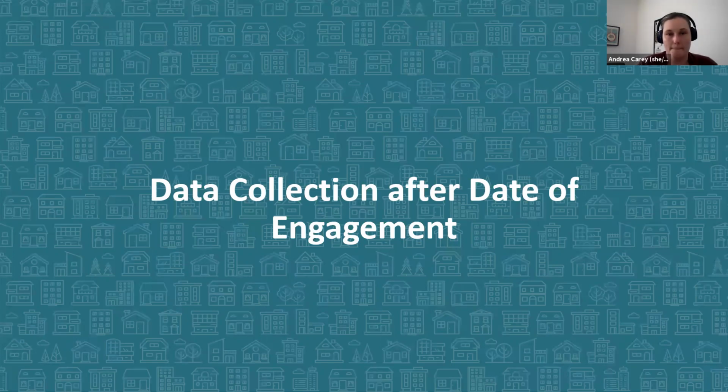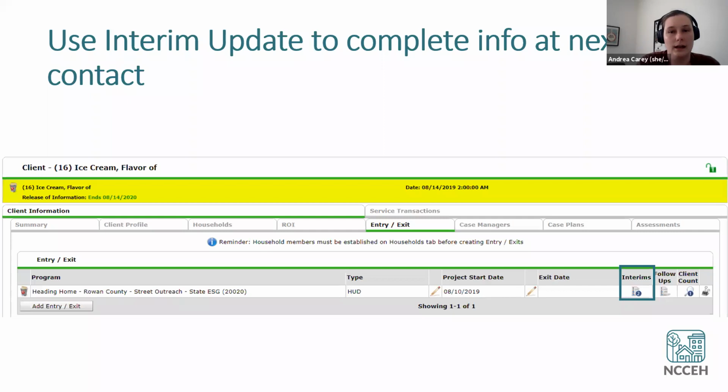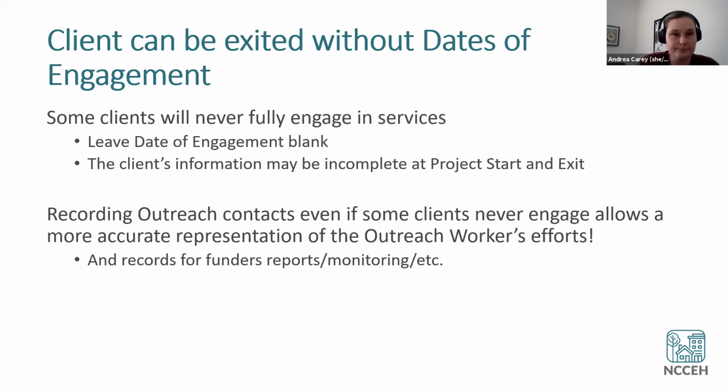That's all great. But data collection continues after date of engagement. We're still going to be working with folks. We need to record referrals and continue to document their living situation for potential future referrals, right? So after a date of engagement, you're going to continue to use an interim update to record that information for your next contact.